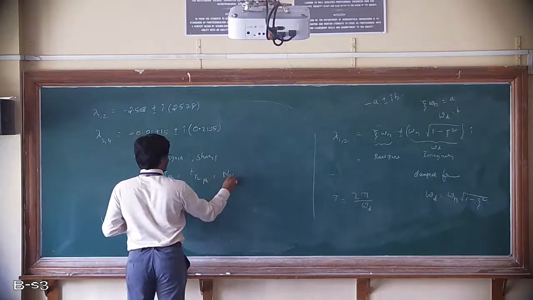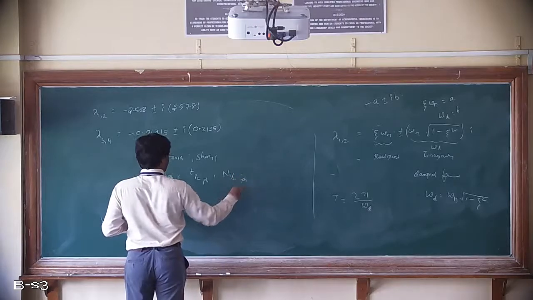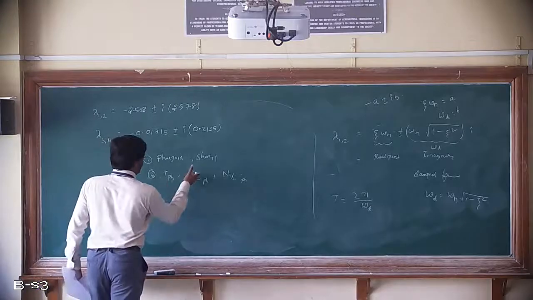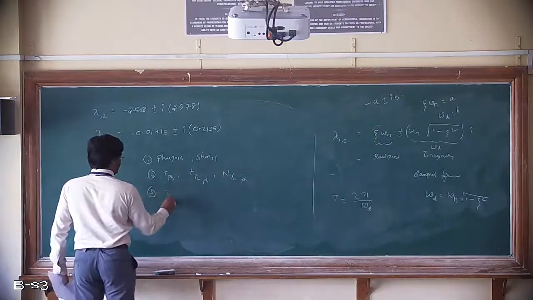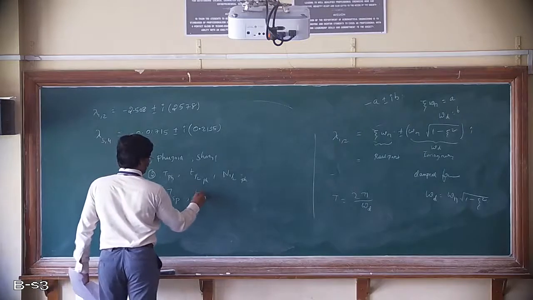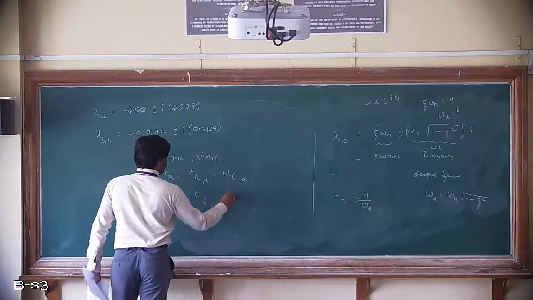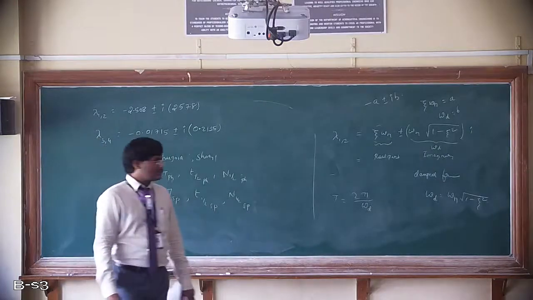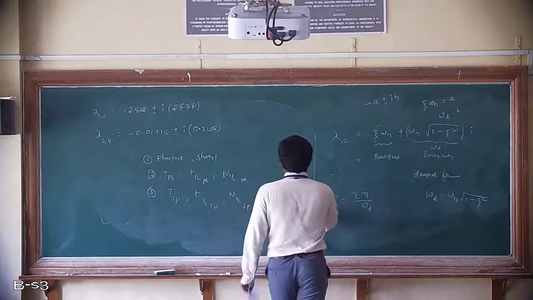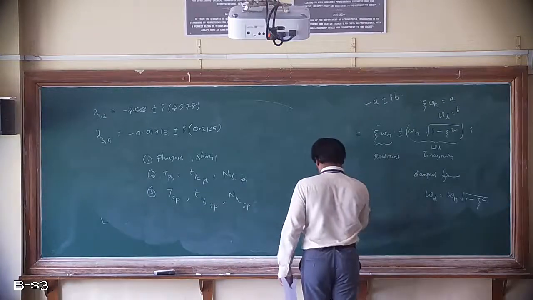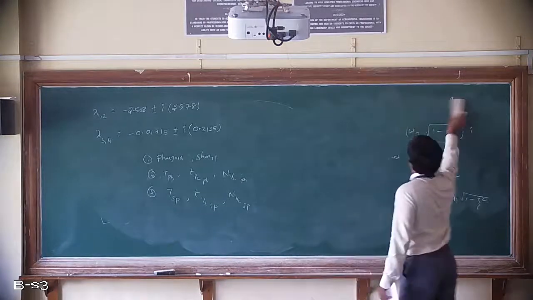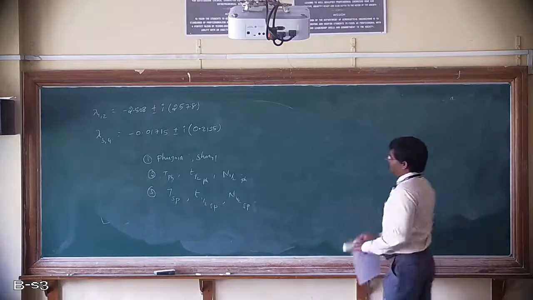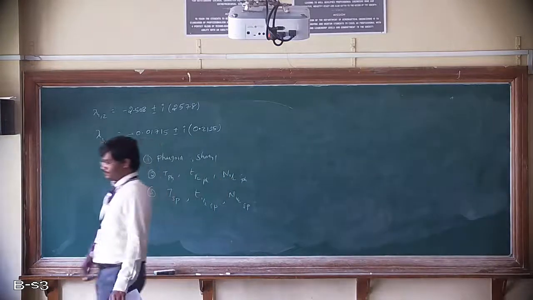The second question is to find the time period of Phugoid mode, T half of the Phugoid mode and N half for the Phugoid mode. Similarly, you can write the time period for the short period mode, T half for the short period mode and N half for the short period. Very very important. Can you solve this? Everyone try to solve this.